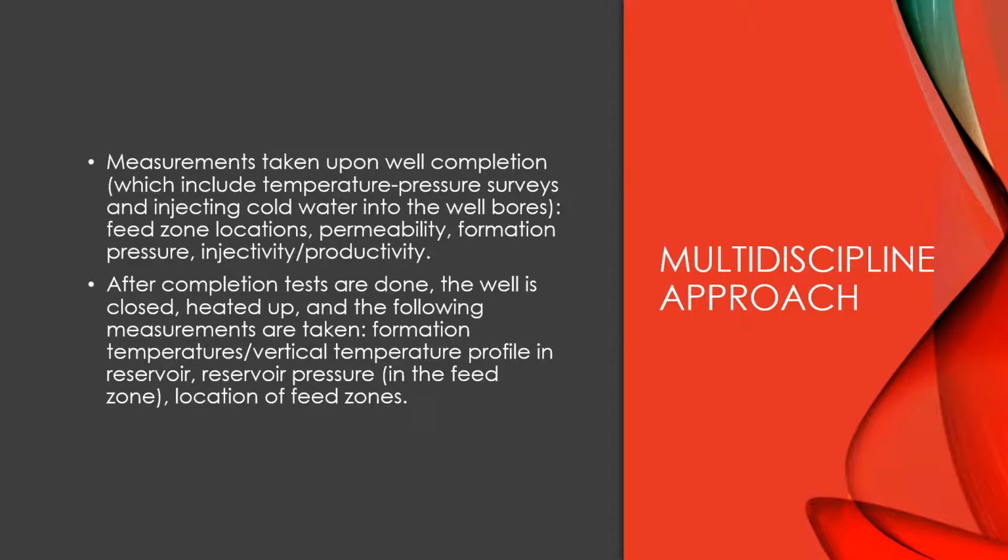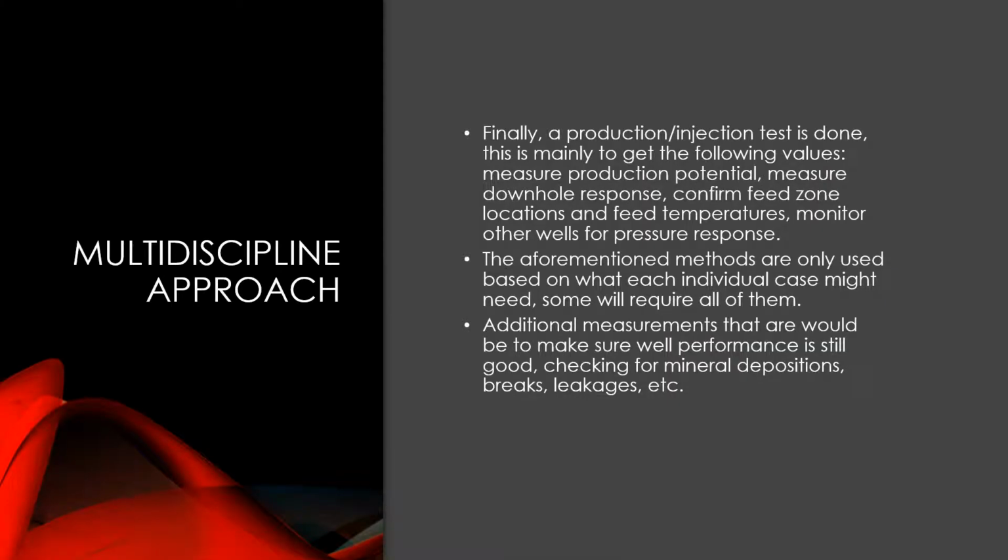After completion tests are done, the well is closed, heated up, and the following measurements are taken: formation temperatures / vertical temperature profile, reservoir pressures in the feed zone, and the location of these feed zones. Finally, a production / injection test is done.